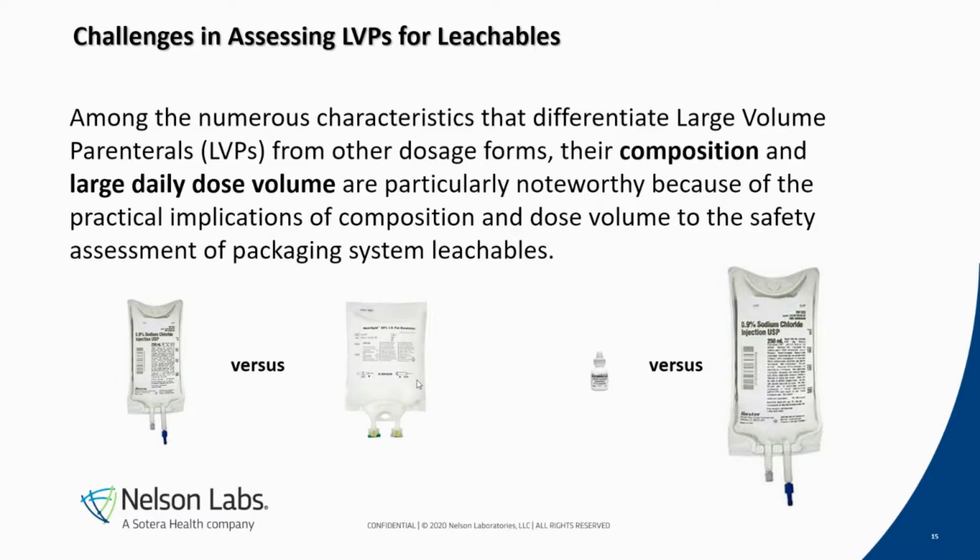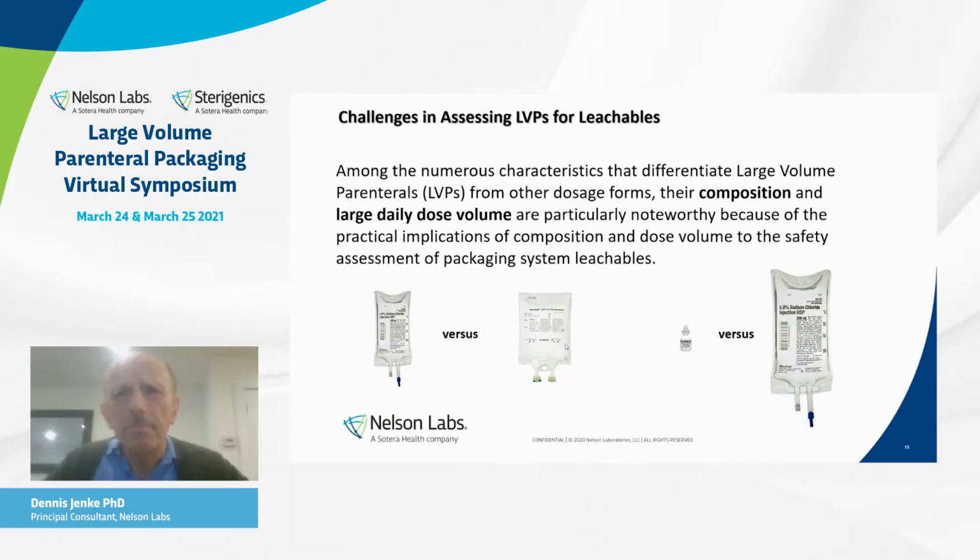It dictates its toxicity. And you have to know how much of that leachable is in the drug product because that establishes the dose, the amount of this leachable that the patient is exposed to. So the drug product has to be tested, has to be analyzed for leachables.